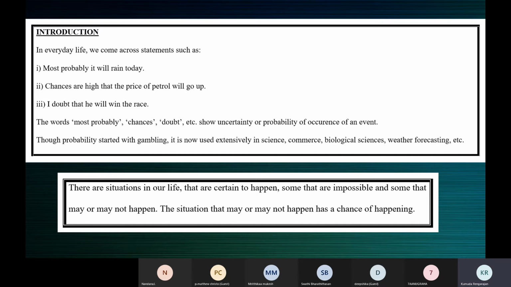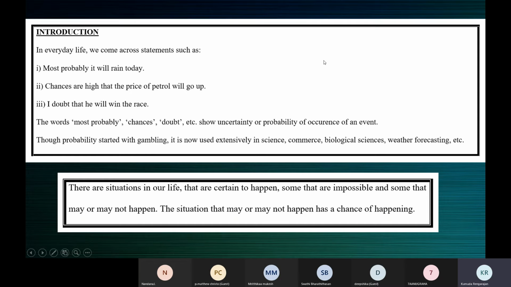What we have is the very basics of probability. We have this chapter right till 10th standard, in 7, 8, 9, 10, all the standards, but we'll be learning only the elementary concepts. Even in 10th standard, you'll be learning questions of a very simple nature.